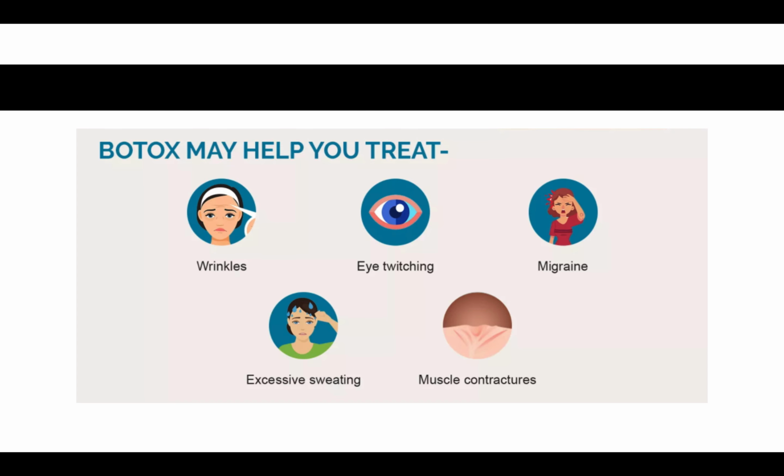Now, I'm going to save wrinkles for last, and I'm going to go on something that's not up here, but overactive bladder. Patients with an overactive bladder could be treated with Botox, because Botox can be injected into the walls of the urinary bladder. This will reduce the urge for frequent urination.